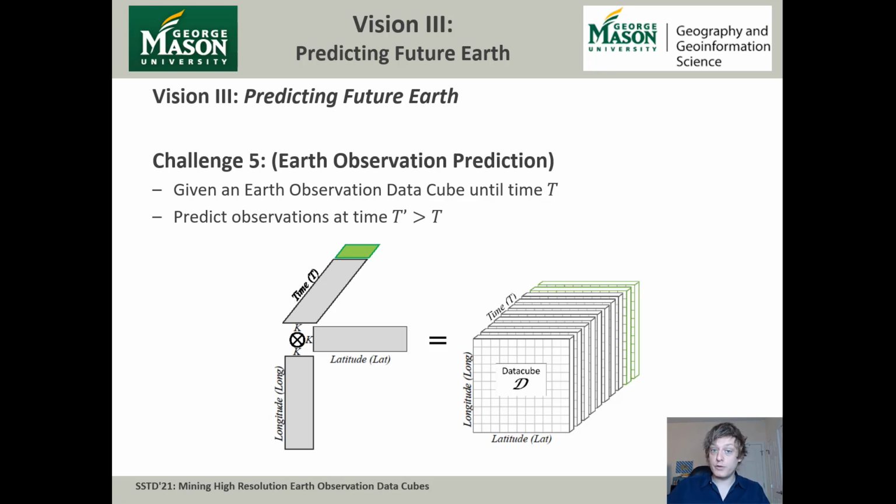We can use solutions for time series prediction to predict these future latent attributes of time, which, by multiplying the latent representation back into the full data cube, will give us an estimation of what the future steps in time in our data cube will look like. And once again, this is just an idea towards a solution. There might be better solutions out there than using a tensor factorization. And that was the third vision, predicting future Earth. And those were our three visions.